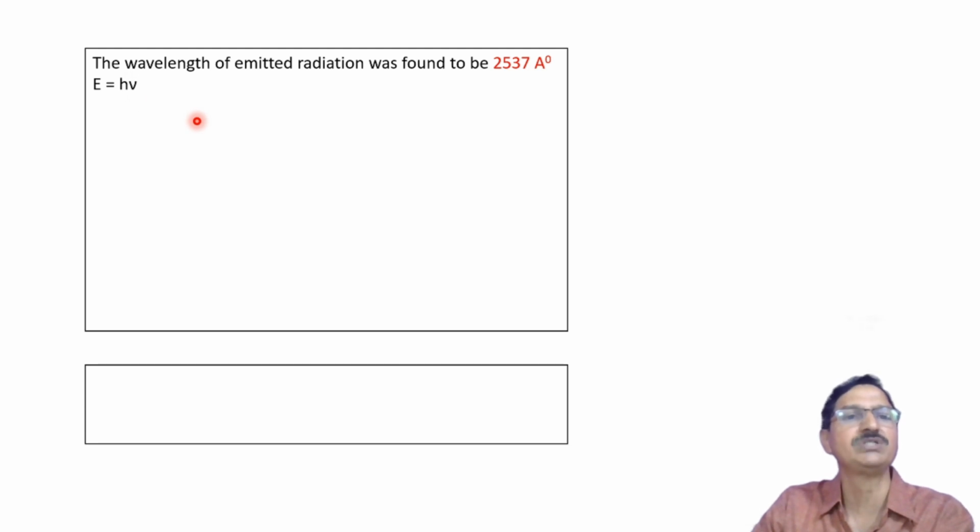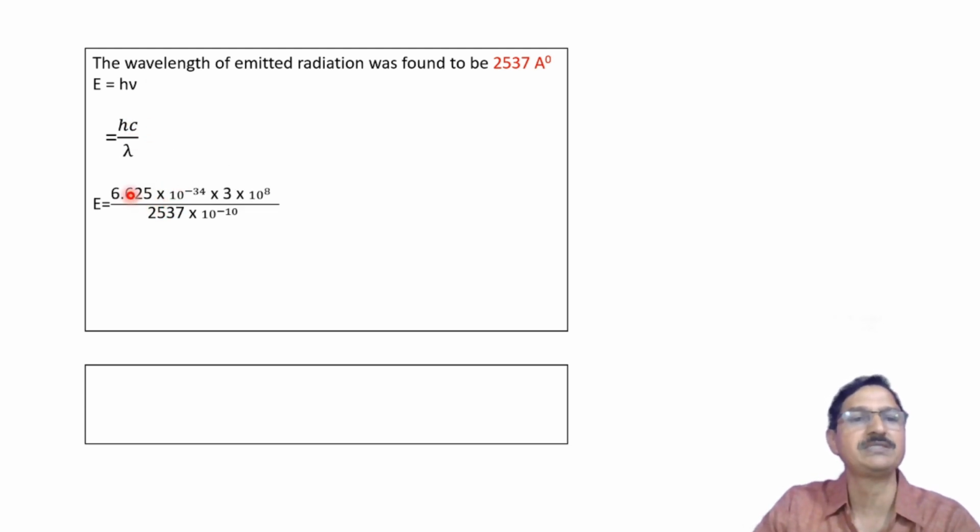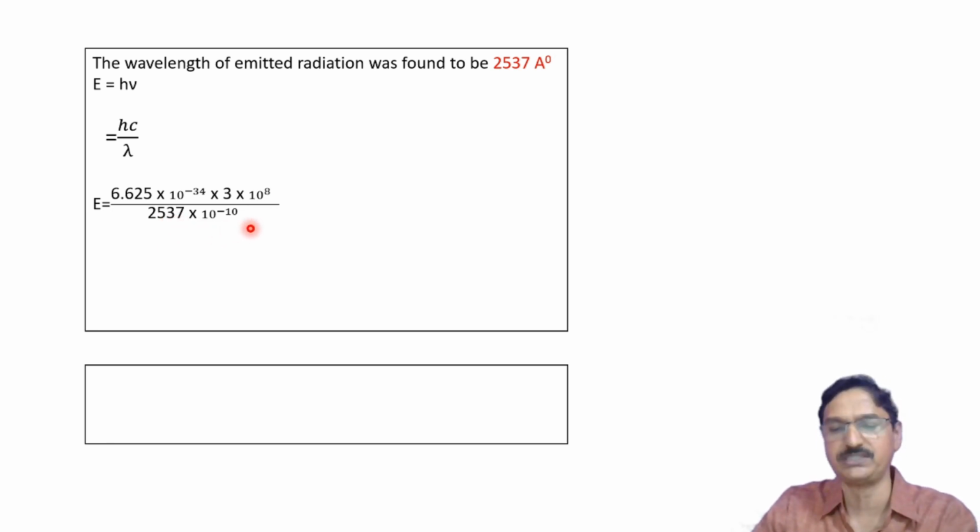Then they put this wavelength in the equation E = hν, where h is Planck's constant, and we can also modify this equation: ν is equal to c upon λ, where c is the velocity of light. So we put the value of h as 6.625 into 10 raised to minus 34, velocity c is 3 into 10 raised to 8 meters per second, and the wavelength which they experimentally measured is 2537 angstrom unit, that is 2537 into 10 raised to minus 10 meter.